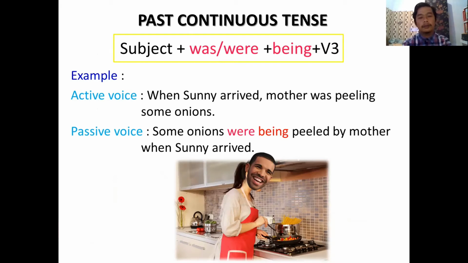Okay, the past continuous tense has was or were plus being. Jadi kita harus memperhatikan was atau were dan being yang terdapat dari kalimat tersebut untuk dikatakan kalimat tersebut adalah passive voice.